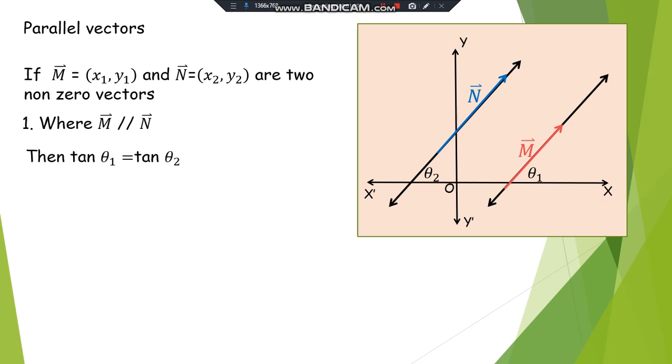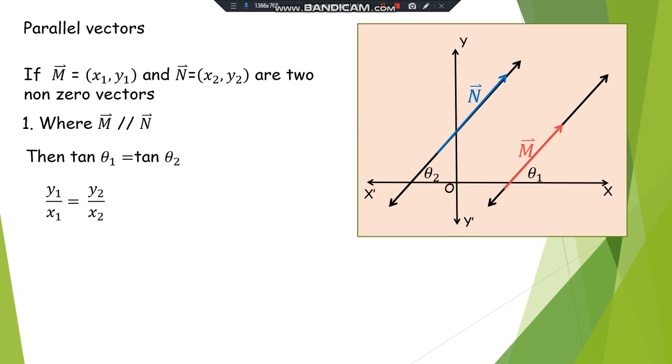This means the first slope equals the second slope. The slope of the straight line which carries vector m is the same as the slope of the straight line which carries vector n.